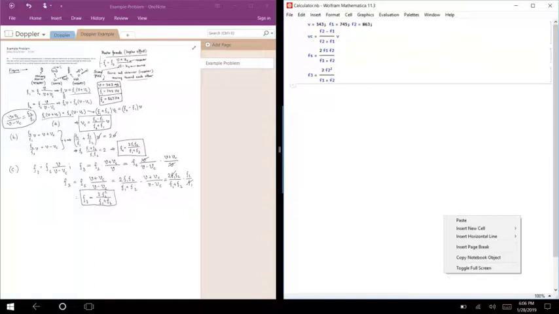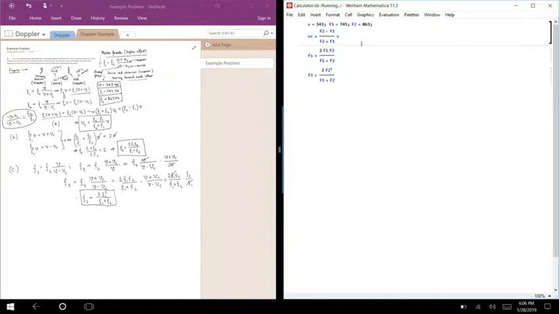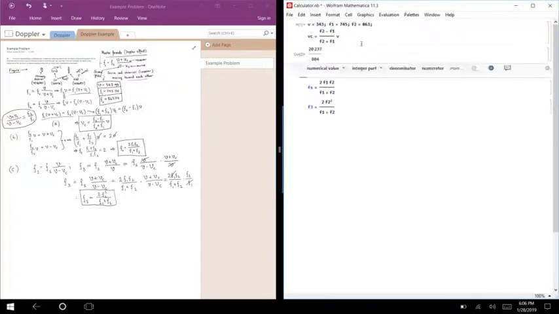Note that this final result will be in meters per second because the first part is just a ratio of frequencies, so it doesn't have any units. The second part is the speed, which has units of meters per second, so our left-hand side must also have units of meters per second. Let's see what we get if we run this. This is not giving us an exact result; we want a number.